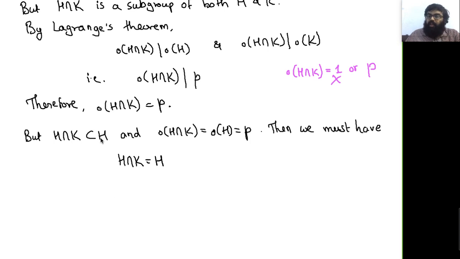Because H intersection K is a subset of H, H has P elements, and H intersection K also has P elements, as we have seen, because the order cannot be 1, so it has to be P.